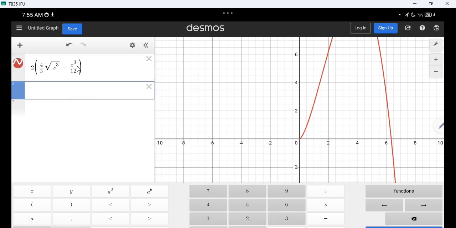Really do like doing this on the computer better. And then on the right-hand side, basically almost the same thing, but with a 4 placed in for the x and no 2. So 4/3, the square root of 4 cubed, minus 4 cubed over 12.